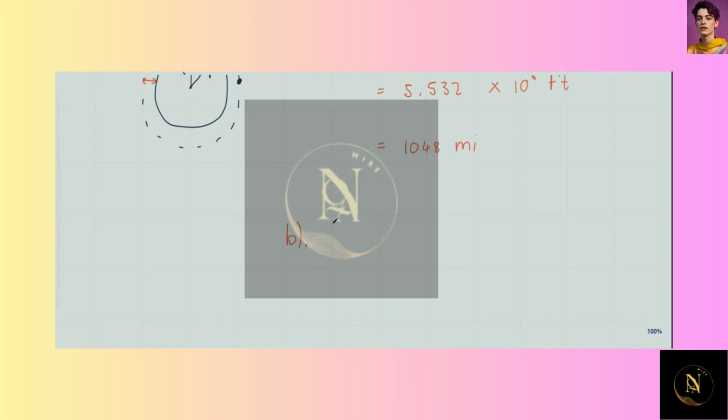Next, for part B, we can see that the cosine of theta is equal to big R over little r. And this is equal to, we substitute our values here, 20.909 times 10 to the 6 over 26.441 times 10 to the 6.